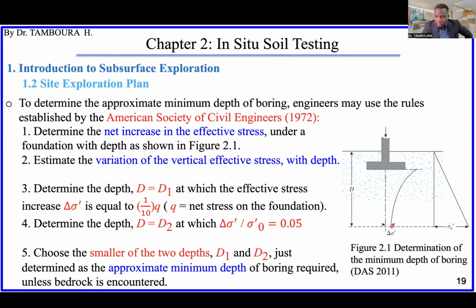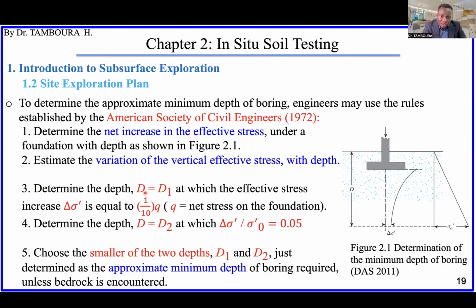So we need to know, at each depth, what is the value of this delta sigma prime, the stress increment that is added by the loading. If you understand that, we can proceed with the next point.